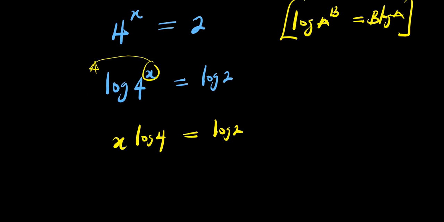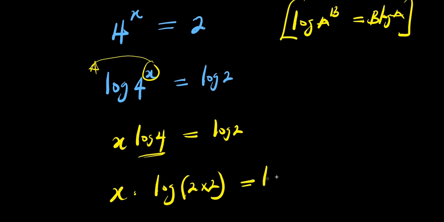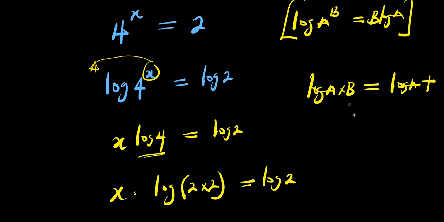Now, log of 4, we can express it as, we can have x times log of 4 is the same thing as log of 2 times 2, and this equals log of 2. Now, if you have log a times b, this equals log a plus log b. So what we are going to do is apply this logarithm property here.